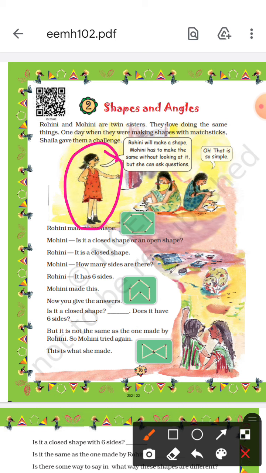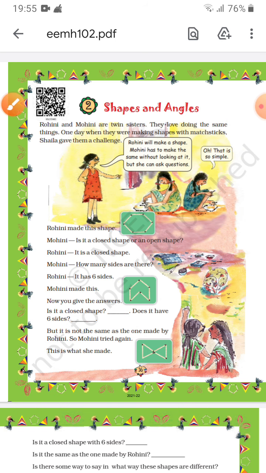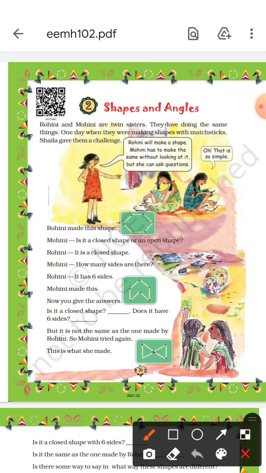Now you can see this picture. The twin sisters are sitting in opposite directions, and they are trying to make shapes with the matchsticks. After a few minutes Rohini made this shape. Then Mohini asked, is it a closed shape or an open shape?